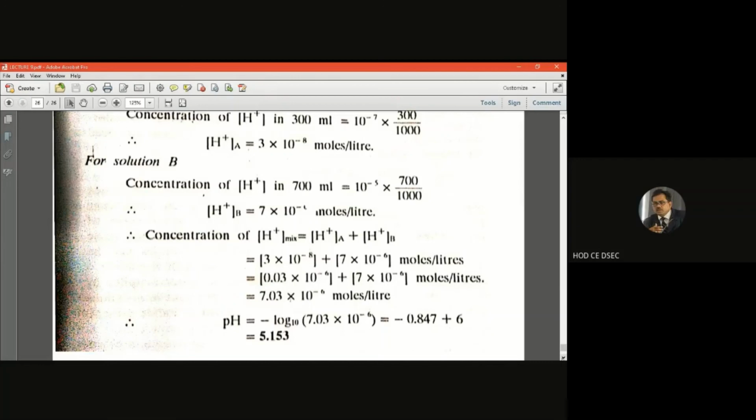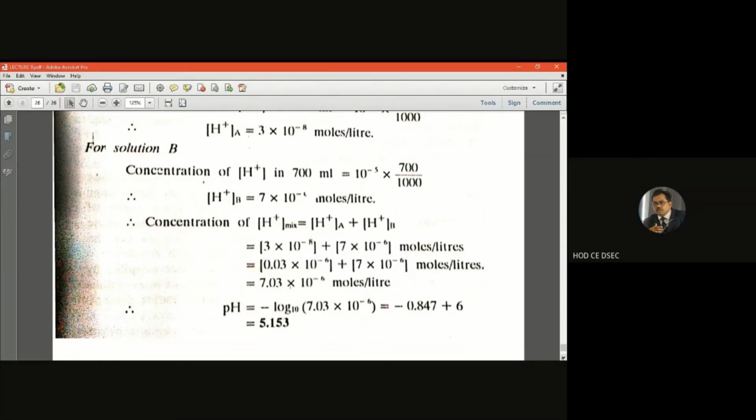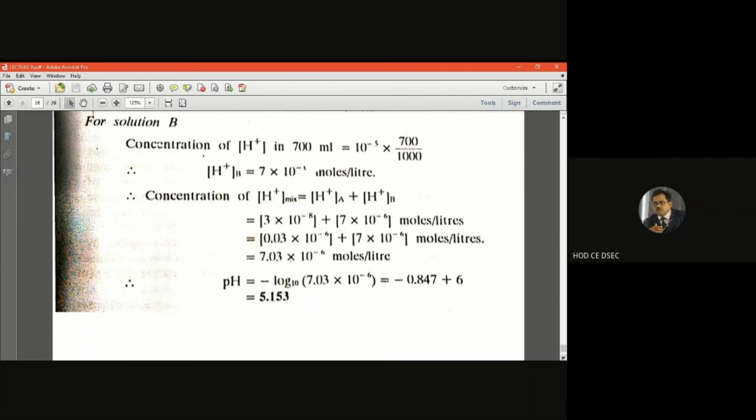So ultimately you are calculating the H plus concentration of the mixture, in moles per liter, 7.03 into 10 to the power minus 6. If that is obtained, then the balance part is the formula: pH equal to minus log 10 H plus. Just substituting the value of H plus, 7.03 into 10 to the power minus 6, you will get the value 5.153.